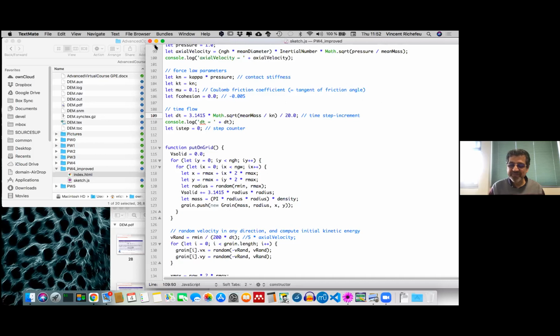The rolling resistance is, between two particles, when the relative rotation between two particles changes, you may have a resistance which is a moment resistance at the contact point. And this behaves just like the friction.